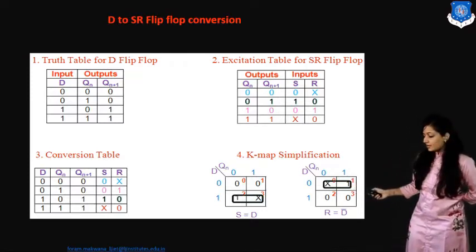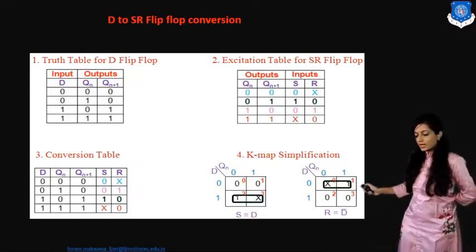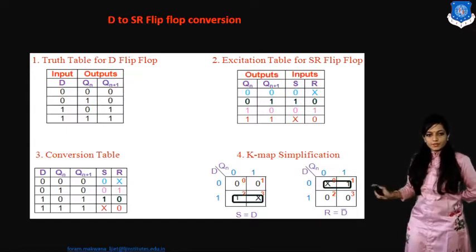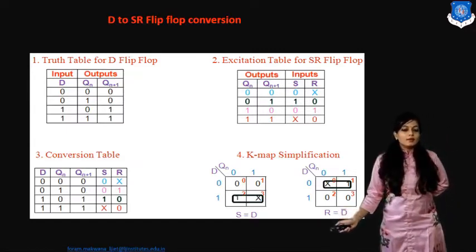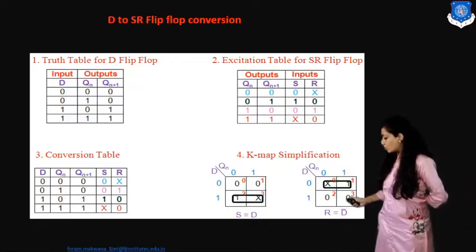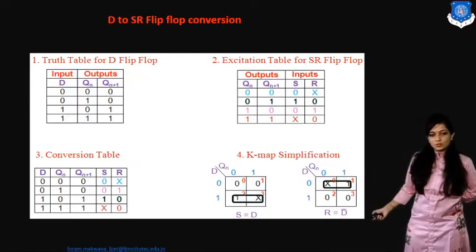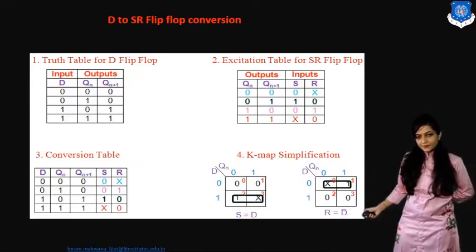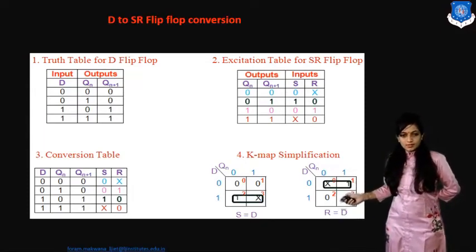As my next output is set, that means the flip flop is set, so S is equal to 1, R is equal to 0. In the last case, there would be no change, or I can say my flip flop will be set. So S is equal to cross, it can have two values, 0 or 1, and R is having a 0. Right? So I am going to write the K map for this.